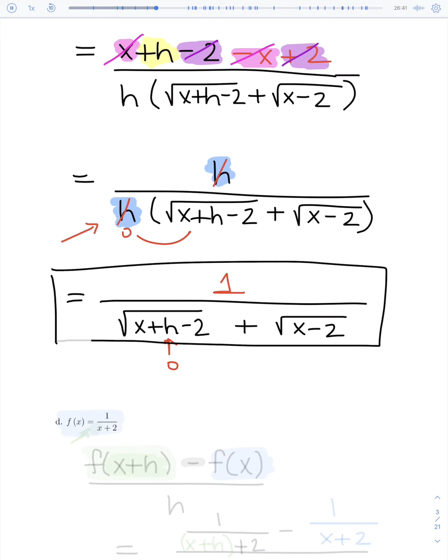I know it looks messy, and I do know normally we don't like having square roots on the bottom, but as long as the h isn't on the bottom by itself, that is really all we care about with the difference quotient. So we don't care that there are square roots on the bottom for like the first time and probably the only time in this course when we're doing the difference quotient.